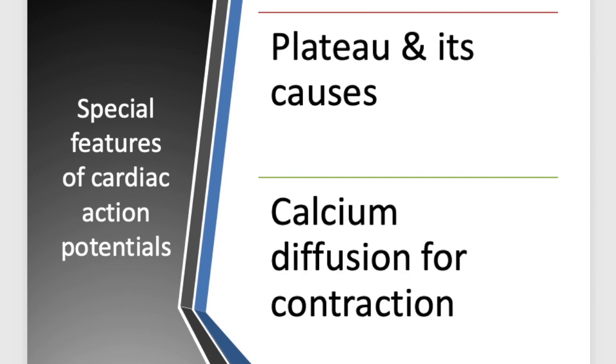Now my dear students, you should understand that the action potentials in cardiac muscle have some very special features. The resting membrane potential of cardiac muscle is about minus 85 to minus 95 millivolts, and the action potential is 105 millivolts.